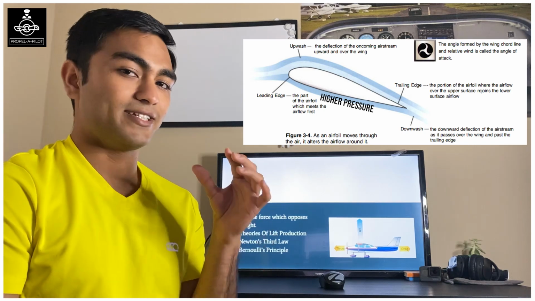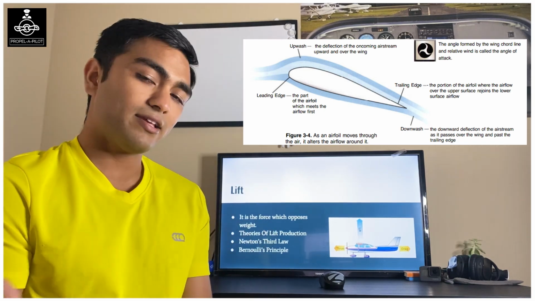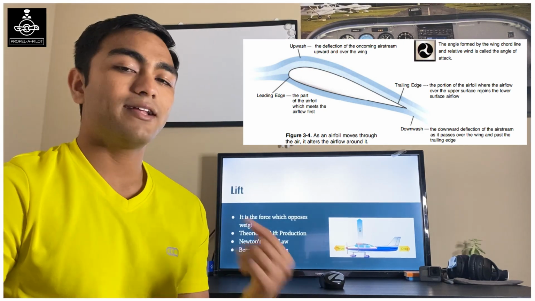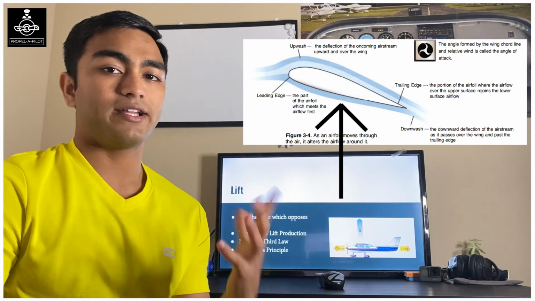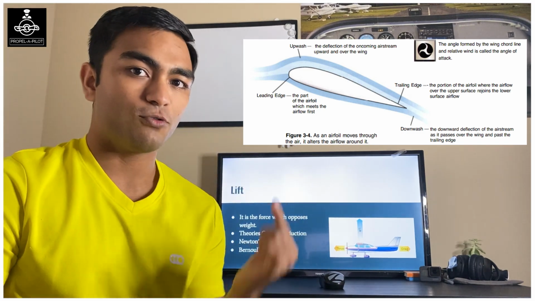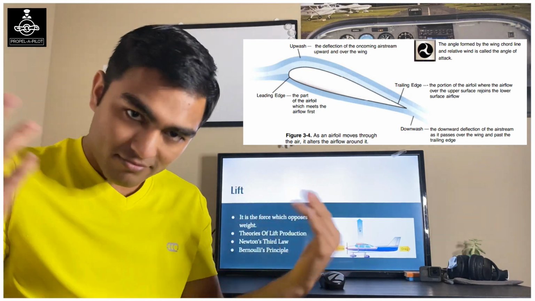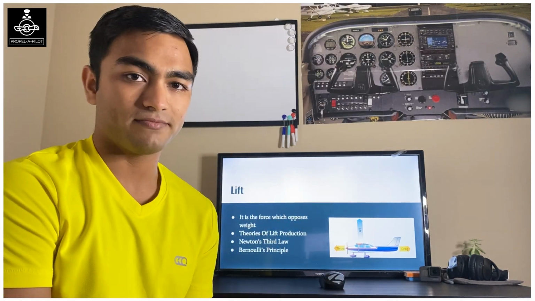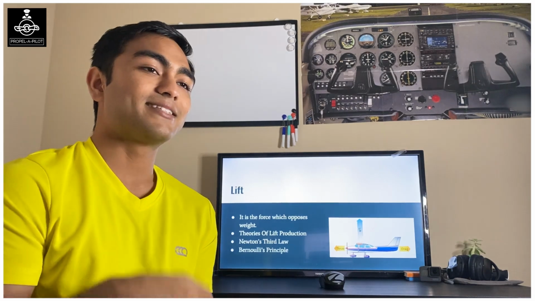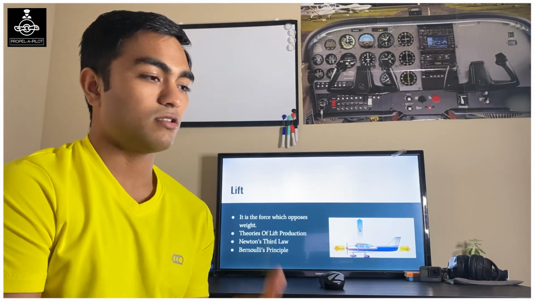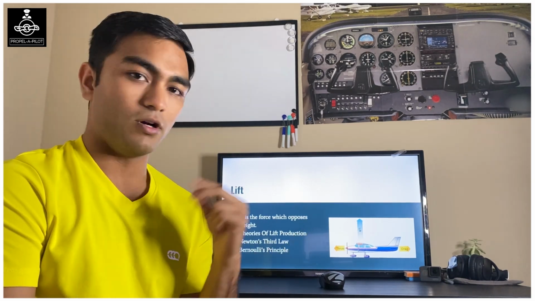This causes a pressure differential. Anything wants to go from high pressure to low pressure. So that is why there is an upward force created from the high pressure to the low pressure. And this upward force is the lift. This is the second theory of lift production. A wing is designed to use both of these factors, Newton's third law and Bernoulli's principle.